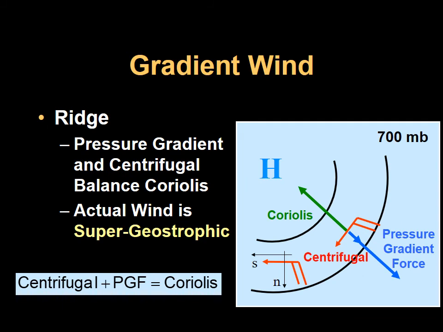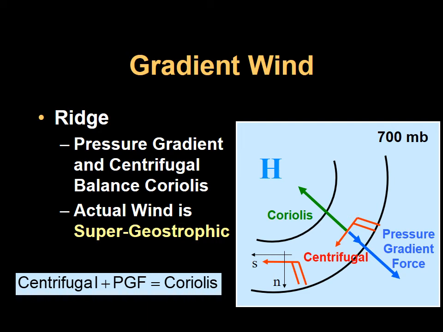Around a ridge, the opposite happens, where centrifugal force is acting to the outside, but also pressure gradient is acting to the outside. Remember, pressure gradient force points towards lower values, lower heights or lower pressure. So it's like having a super pressure gradient. You're adding the pressure gradient plus the centrifugal force, which means that Coriolis has to balance both.